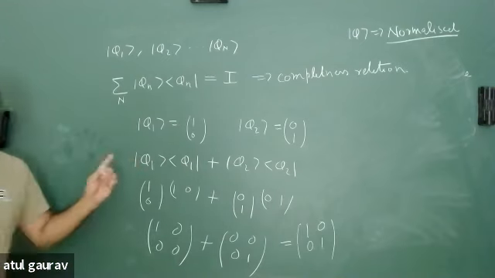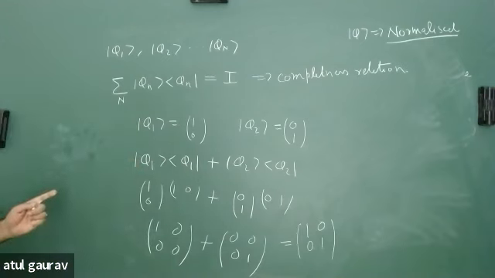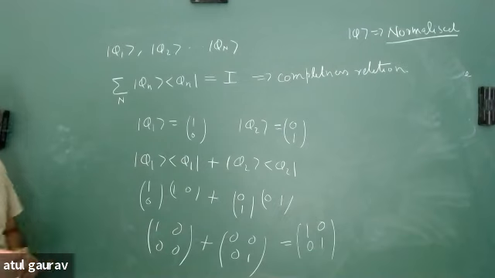So, are you comfortable up to this? Sir, should this capital N be equal to the dimension of the Hilbert space? That capital N should be the dimension of the Hilbert space. Sir, how many phi should we get?